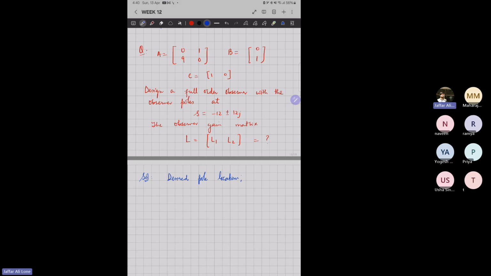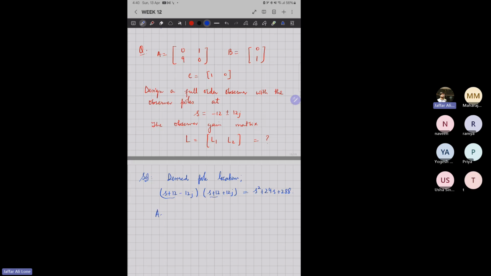My desired pole locations are (S + 12 - 12j)(S + 12 + 12j). Solve it; I told you how to solve it. (A + B)(A - B), and you'll get S² + 24S + 288.